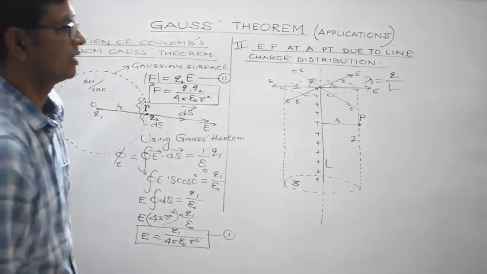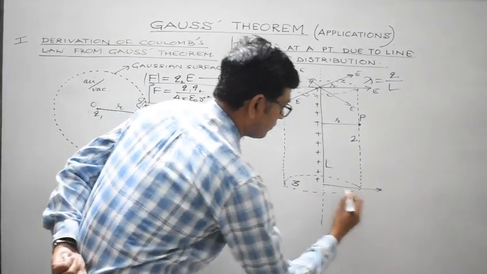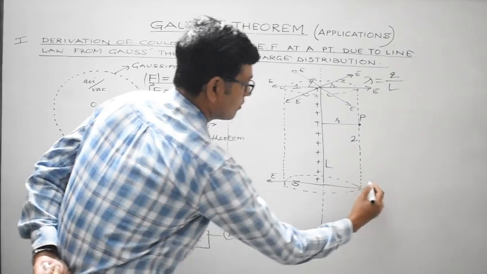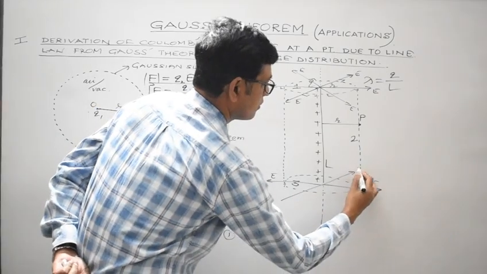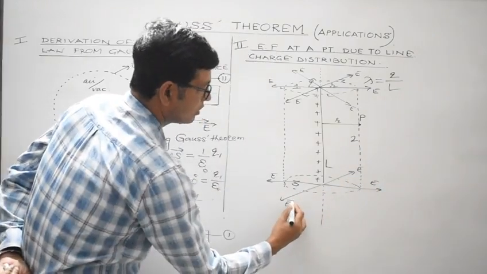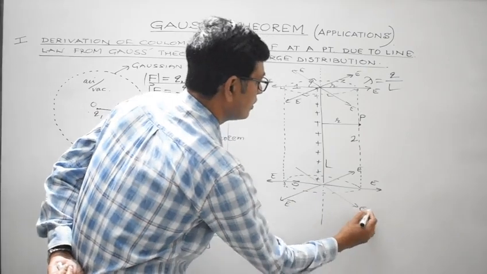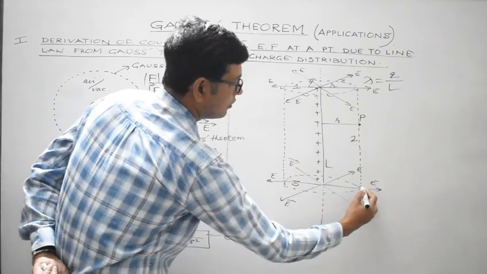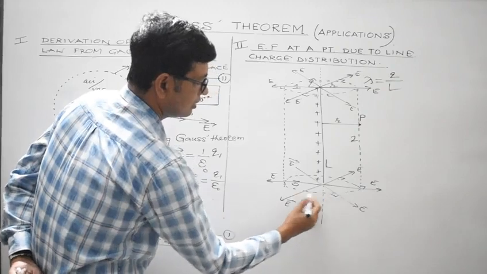This is the direction of the electric field, making an angle of 90 degrees with the curved surface.